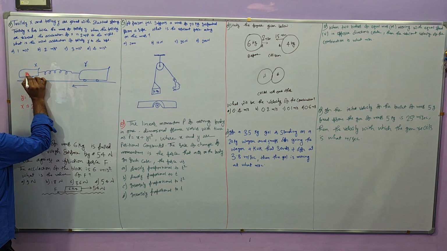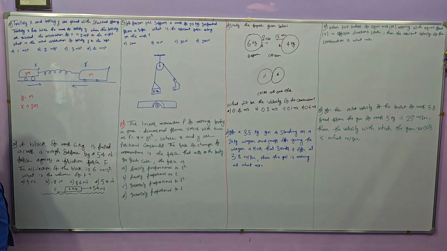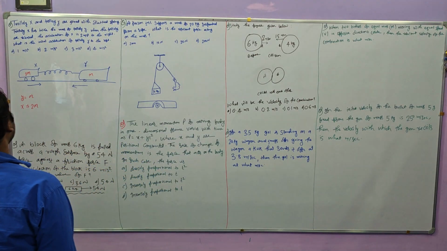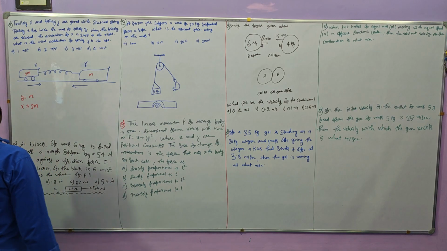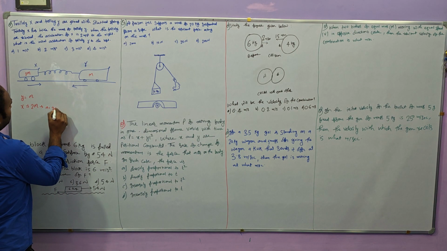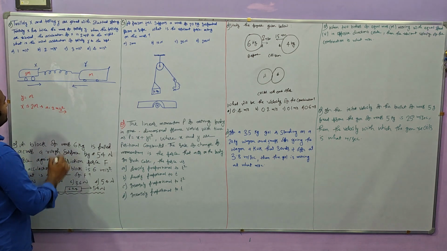When the trolleys are released, the acceleration of X is 2 meter per second square to the right.